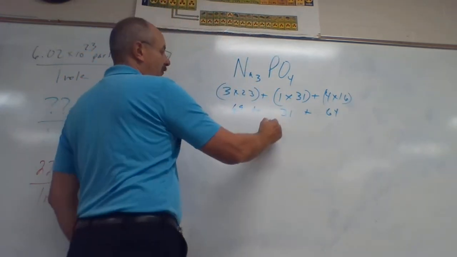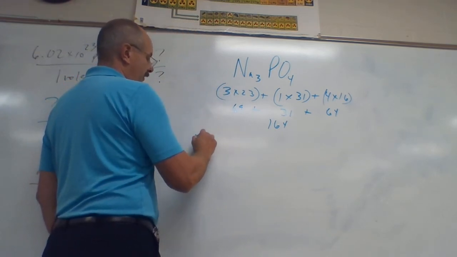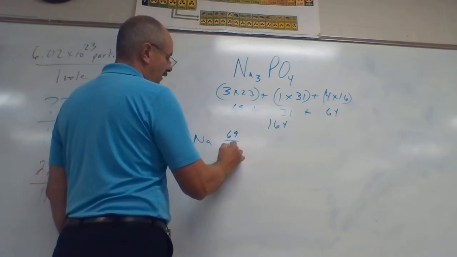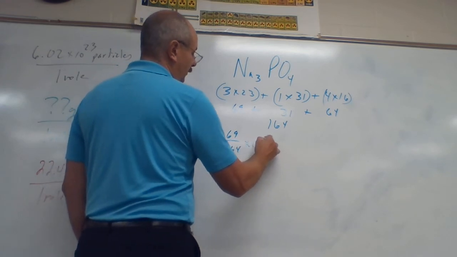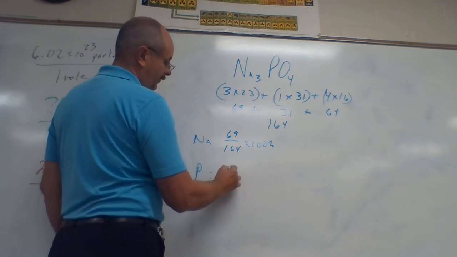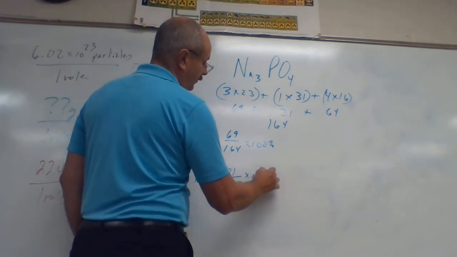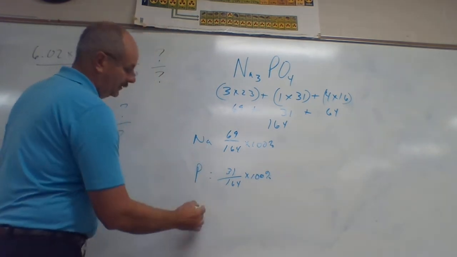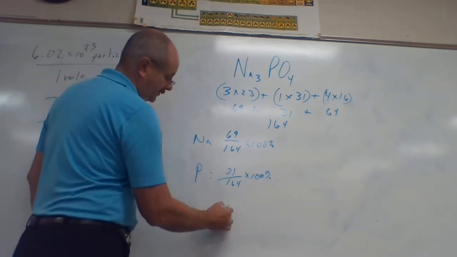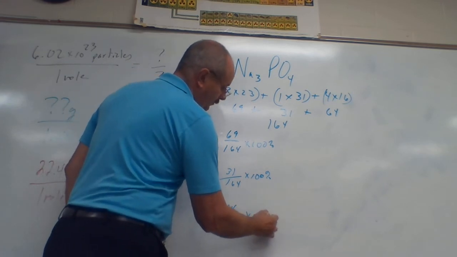Add all those guys up and we get 164. So that means the sodium supplies 69 out of 164 times 100%. Then the phosphorus supplies 31 out of the 164 times 100%. Then the oxygen supplies 64 out of 164 times 100%.